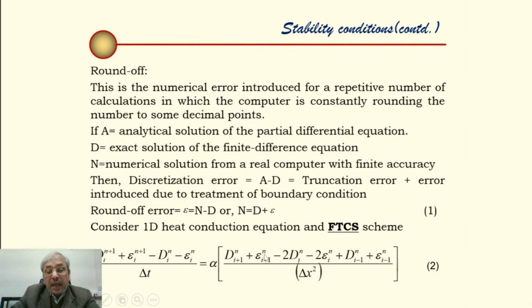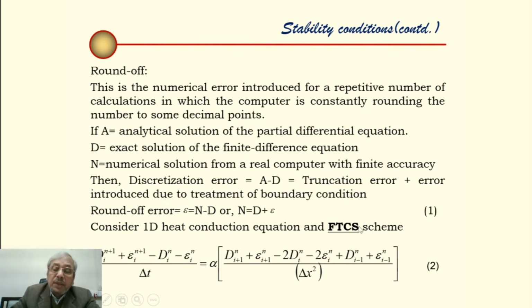Similarly, alpha times the dependent variable at point i plus 1 at nth level, minus 2 into the temperature at i at nth level, plus temperature at i minus 1 at nth level.